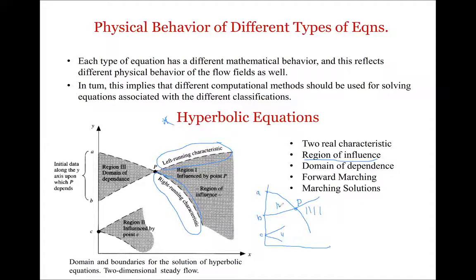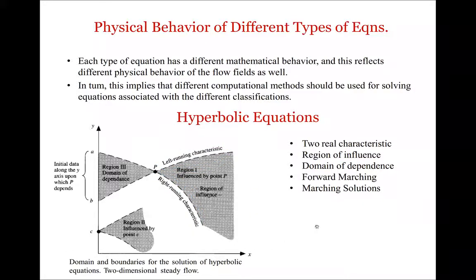So there are basically three regions. Region 1, R1, is influenced by point P and is known as the region of influence. Region 2 is influenced by point C. This is the domain of dependence. This is basically the physical behavior of the hyperbolic equation.